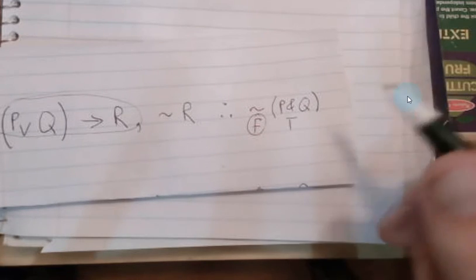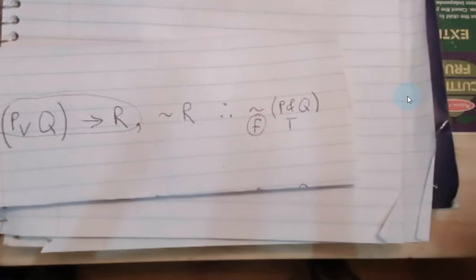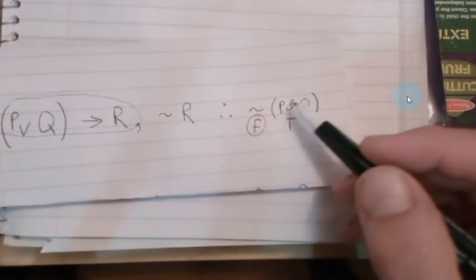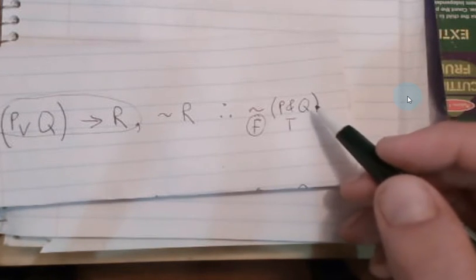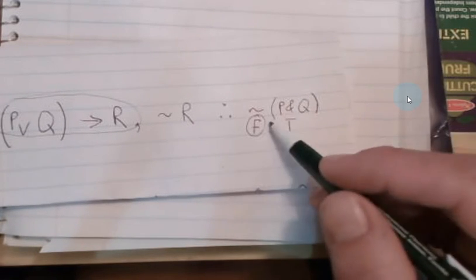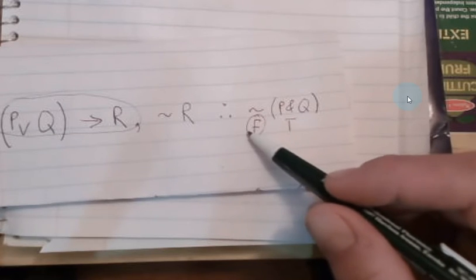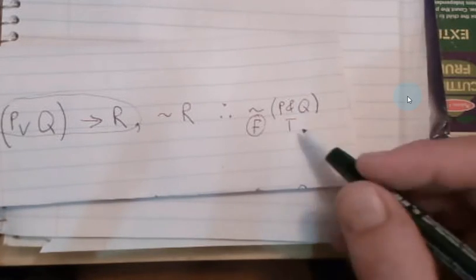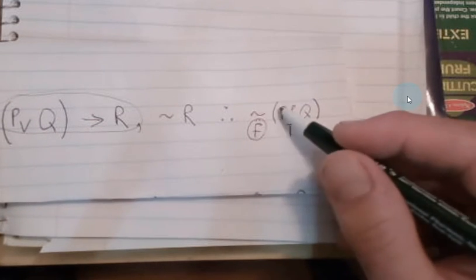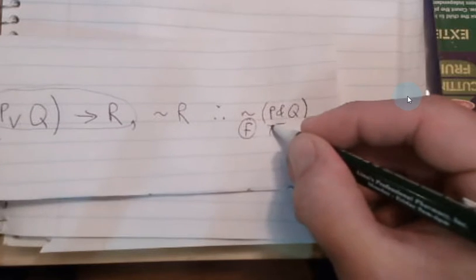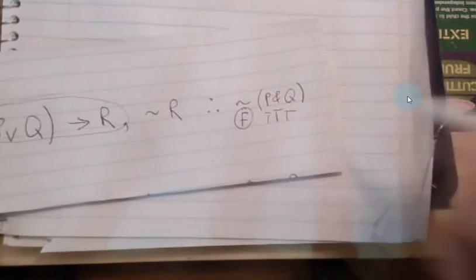And when is a conjunction true? Well, you should just know from your own understanding of the English language, or you can look it up on your truth tables, an and statement is only true if both sides are true. So if we're looking at the possibility where the negated conjunction is false, and therefore the conjunction itself is true, then that must mean that P and Q are both true. Okay?